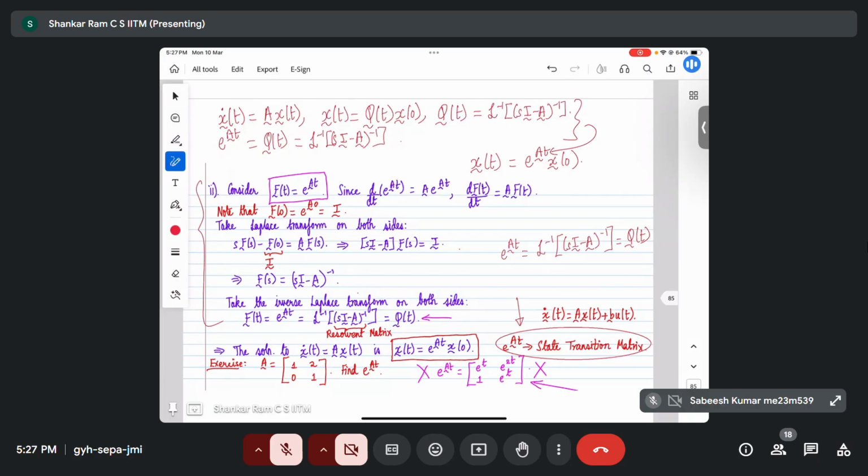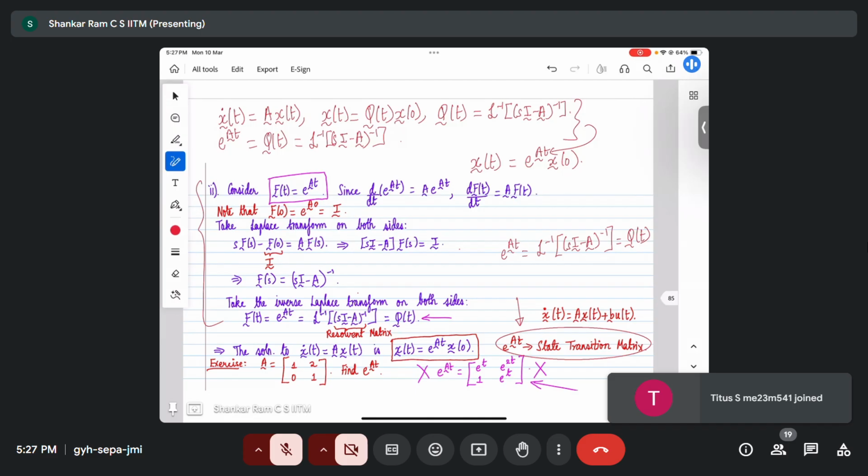So why is it called a state transition matrix? Please note, it helps calculate the state at every instant of time, given the initial state x0. So you substitute any instant of time, you will be able to get e power At, and you multiply that e power At with x0, you will be able to get the value of the state at the corresponding instant of time.